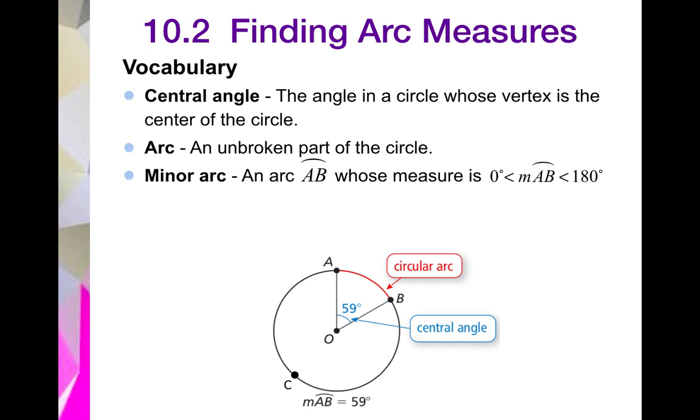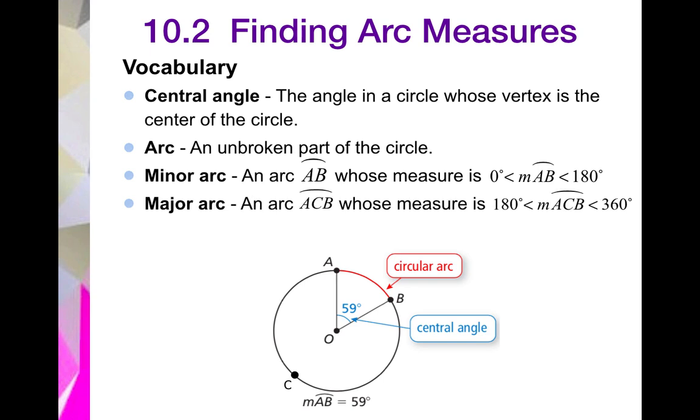The minor arc is an arc whose measure is less than 180 degrees, obviously greater than 0, but less than 180. So if I talk about arc AB, I'm talking about this arc here, not the arc that goes all the way around. That's considered the minor arc, and that's usually what we're talking about when we talk about arcs.